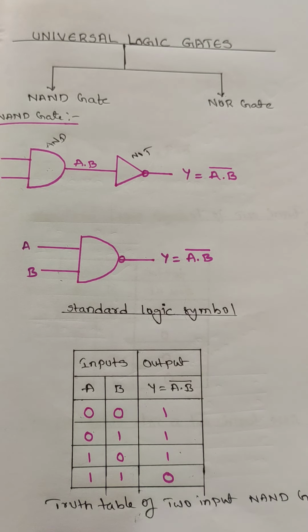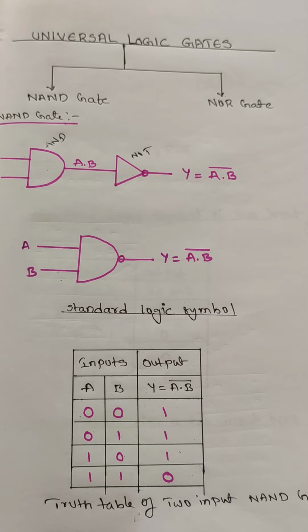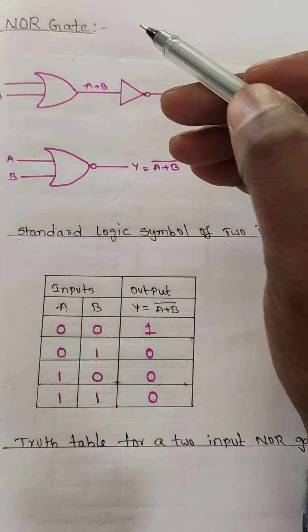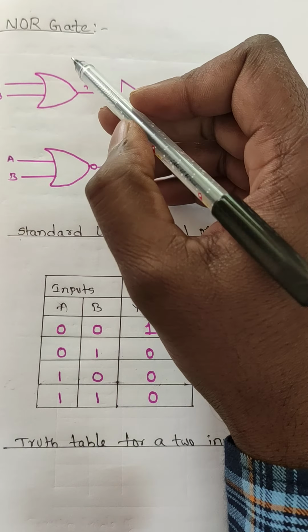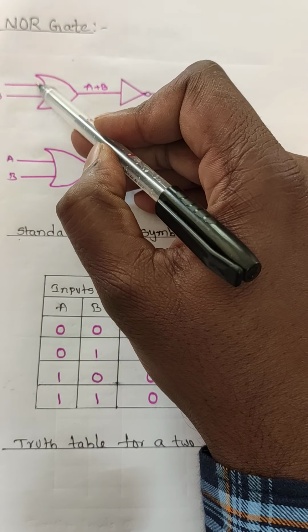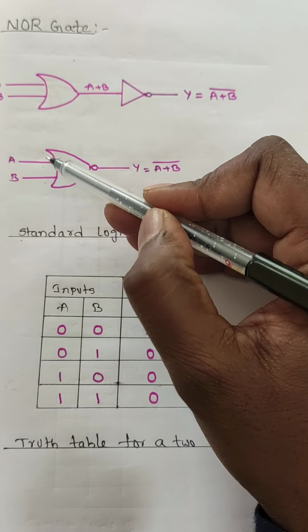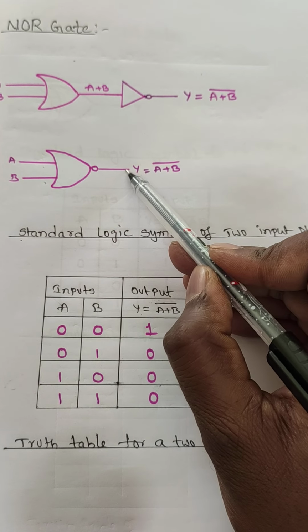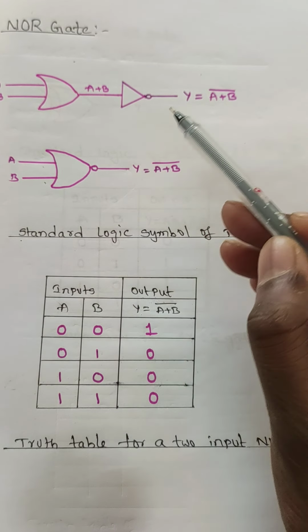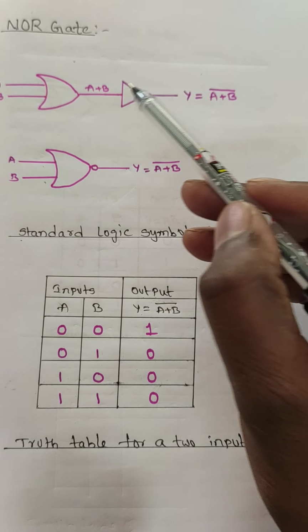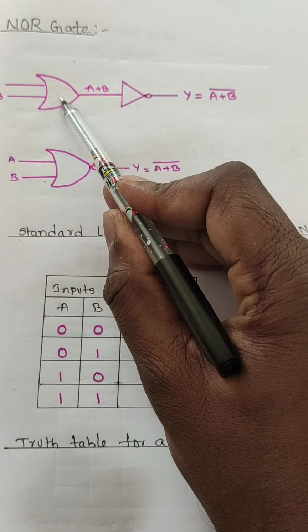Right now we will see the NOR gate. The NOR gate has two or more inputs and only one output. Here NOR stands for NOT plus OR gate.